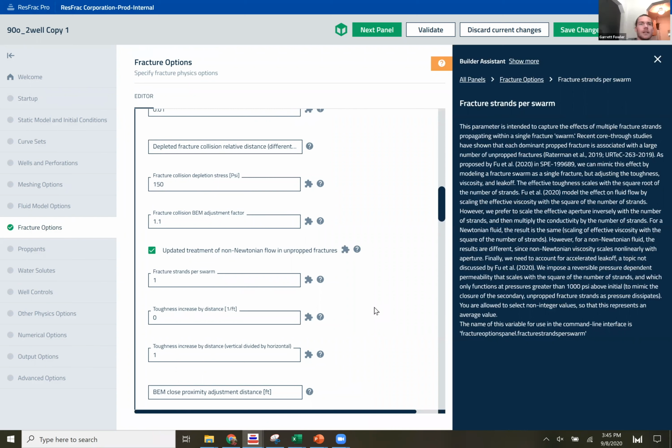Yeah. So a few months back, we added this fracture strands per swarm, which is this idea that when hydraulic fractures are propagating, it's more than one dominant fracture, but instead you have a dominant fracture and then multiple subparallel fractures.